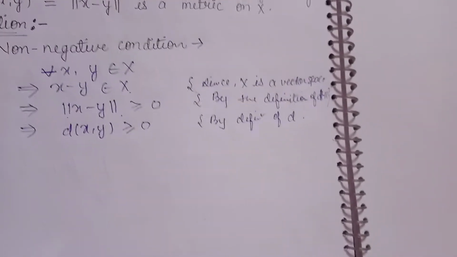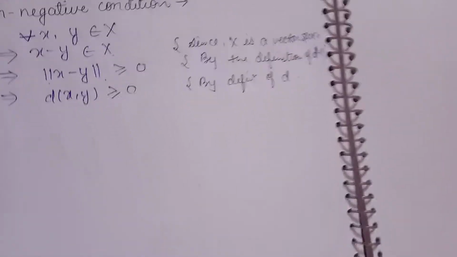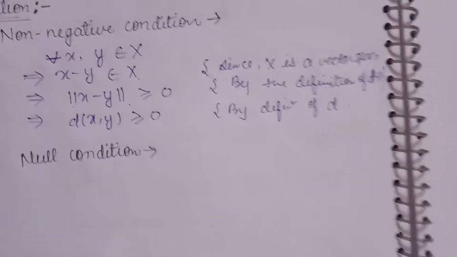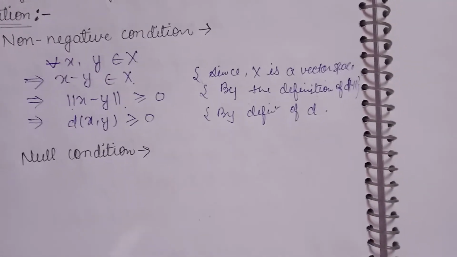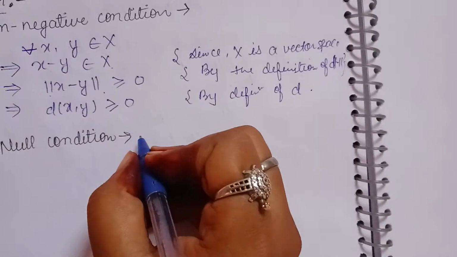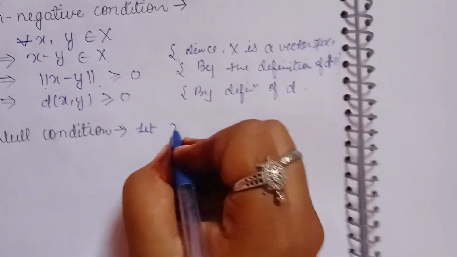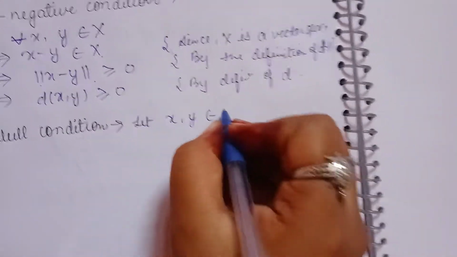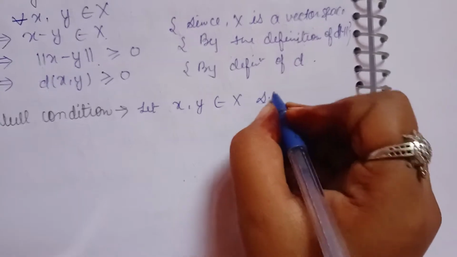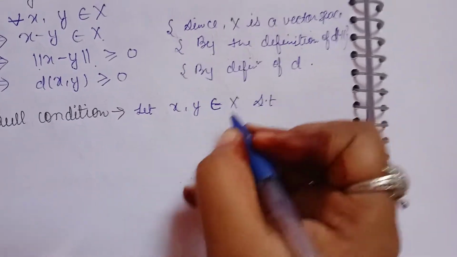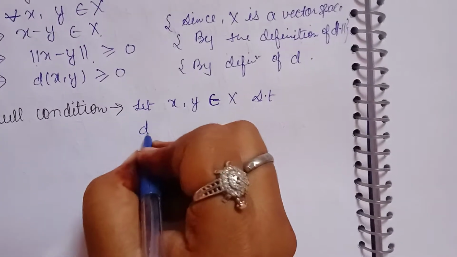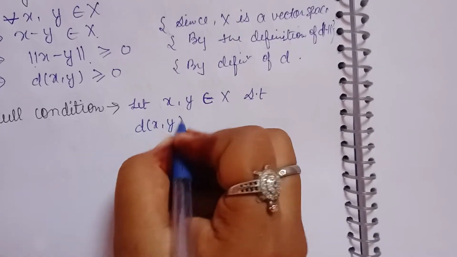Now our second condition is the null condition. In the null condition, let x, y be elements of X such that d(x,y) is 0.